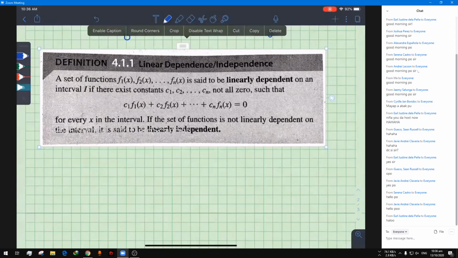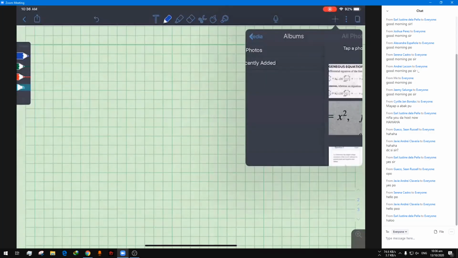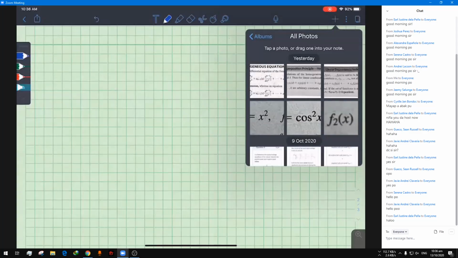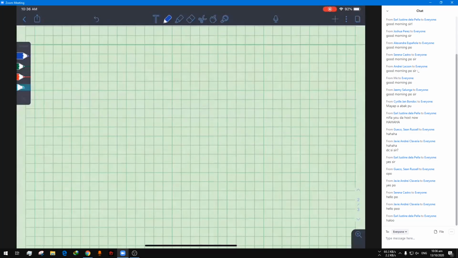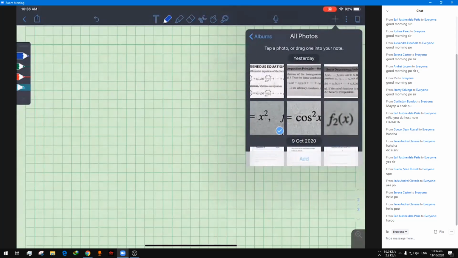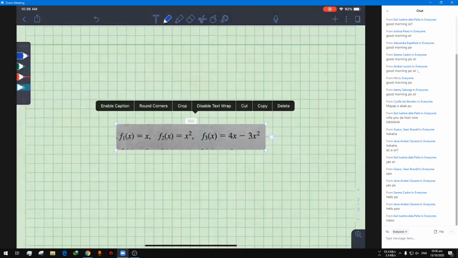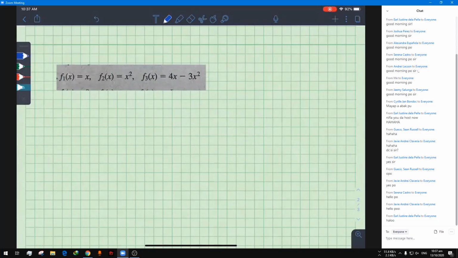So to better understand that, let's have an example. Let's say we have three functions. We have f1 of x, which is x.